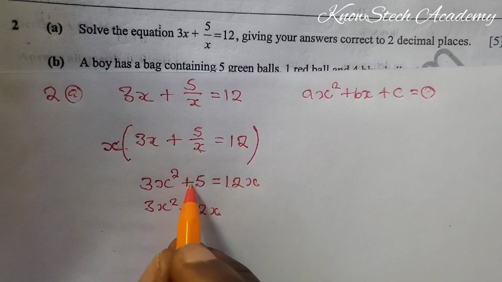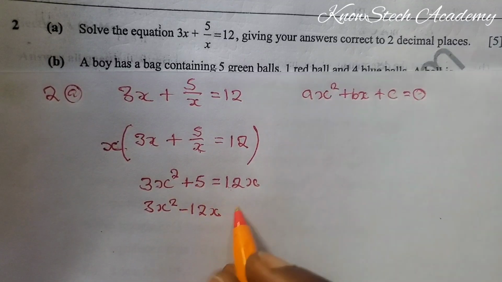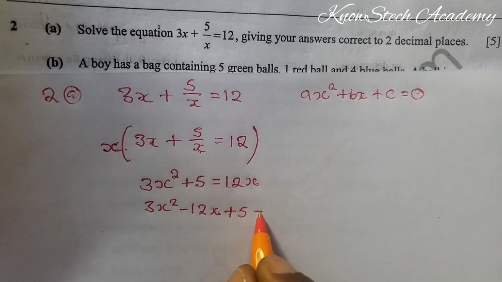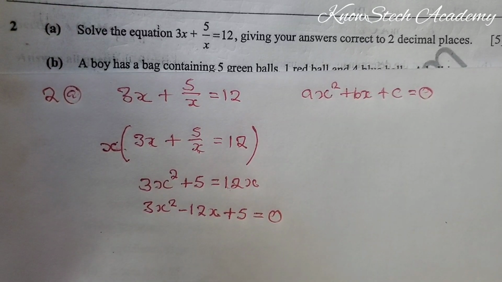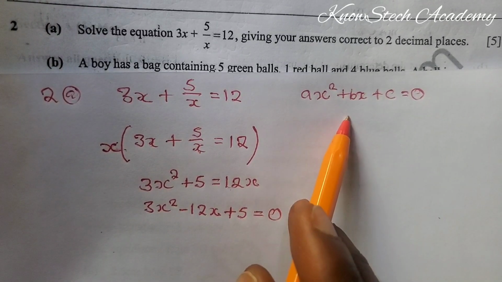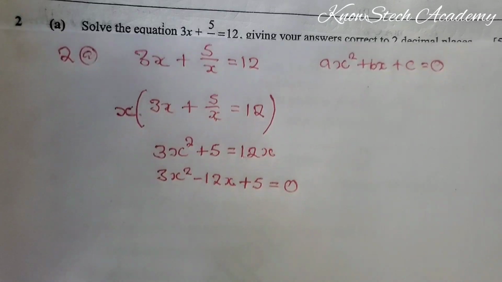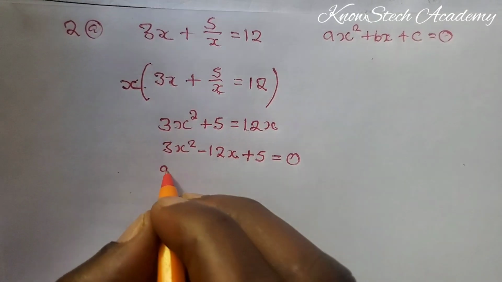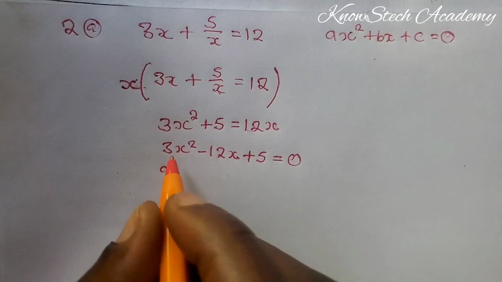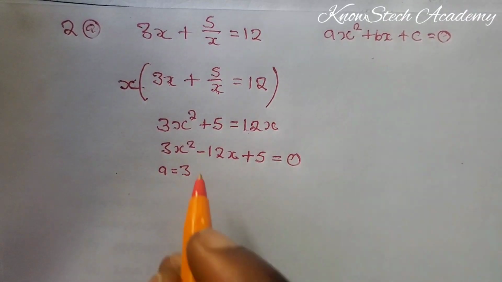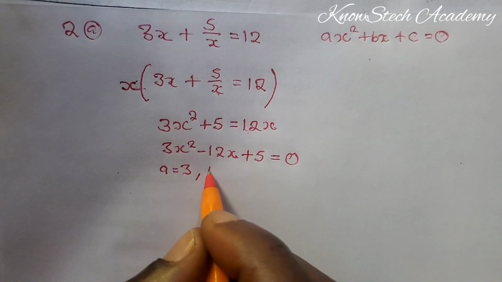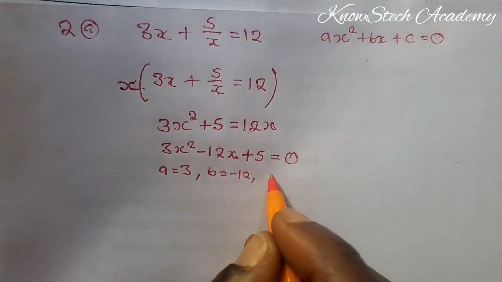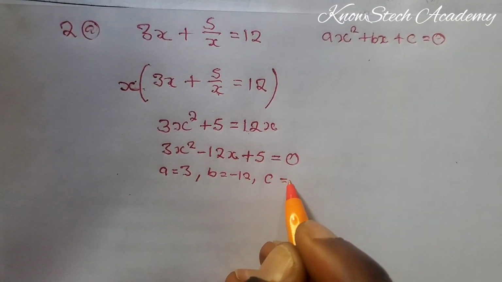The 5 is already on the left hand side, so it won't change sign. It remains as plus 5 equals 0. So now it is in this form, and we can write the values: a is 3, b is negative 12, and c is positive 5.